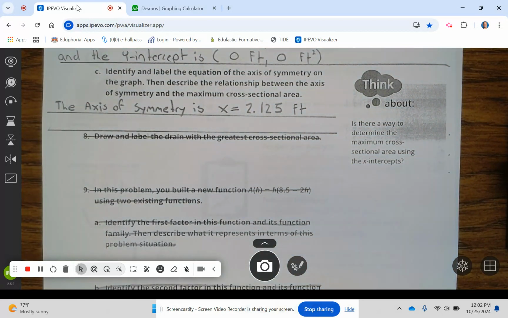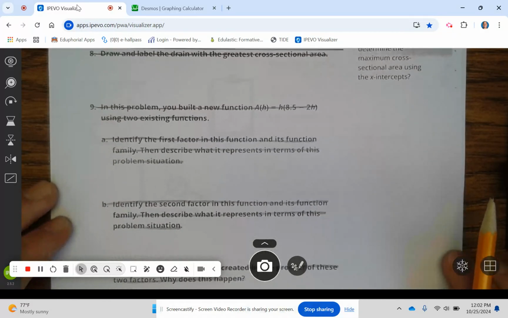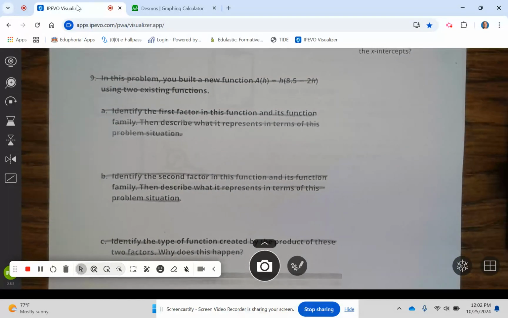Can't round because it has to be the exact point to cut the graph exactly in half. Okay? All right, go ahead and mark out the rest of that page, and let's take a look at the next page.